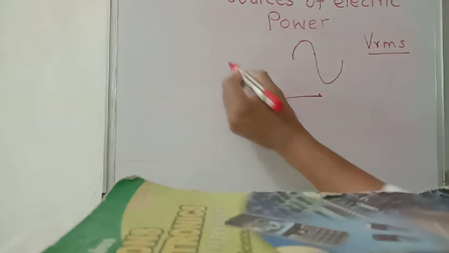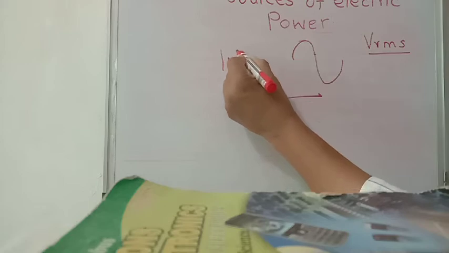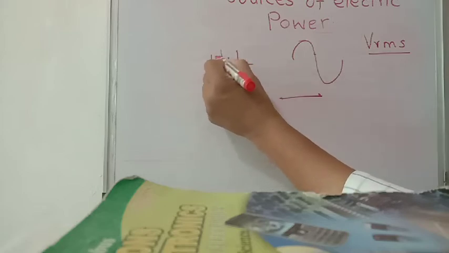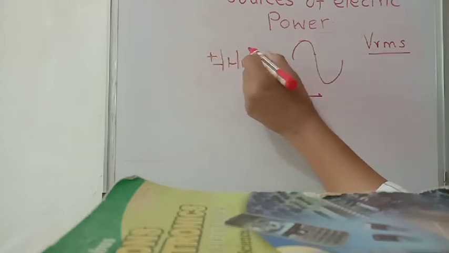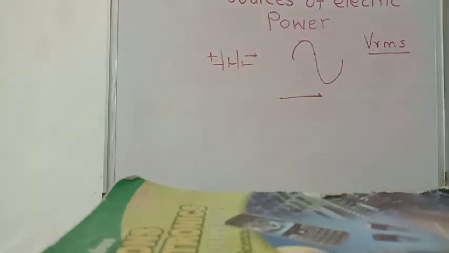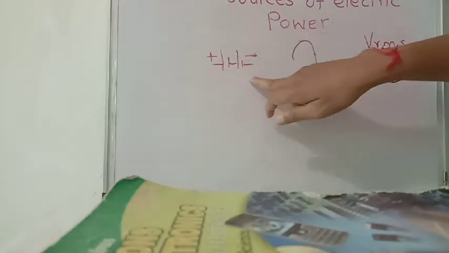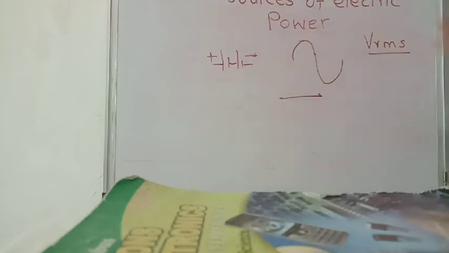Suppose this is one cell, and if we connect another cell, then it becomes a battery. This is the positive terminal and this is the negative terminal. When a number of cells are connected in series, it becomes a battery. A battery consists of a series combination of two or more cells. A cell is a device which converts chemical energy into electrical energy.